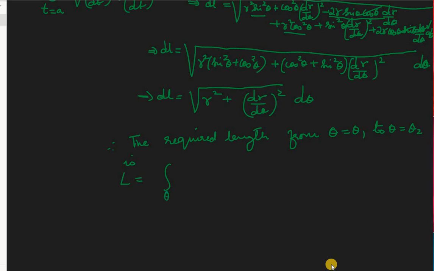So it will be the integral from theta 1 to theta 2 of the square root of r square plus dr d theta the whole square d theta, which is the required polar equation of the arc length of the given curve. So hope it is clear now how to derive the formula of the arc length in parametric form and polar form.